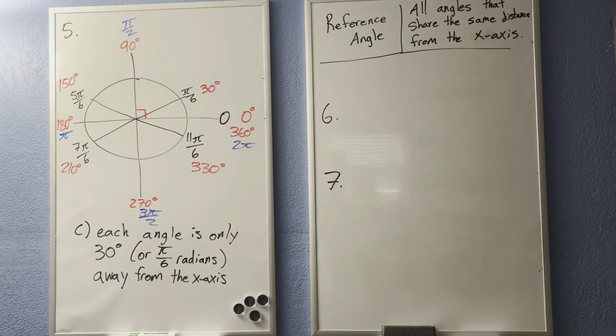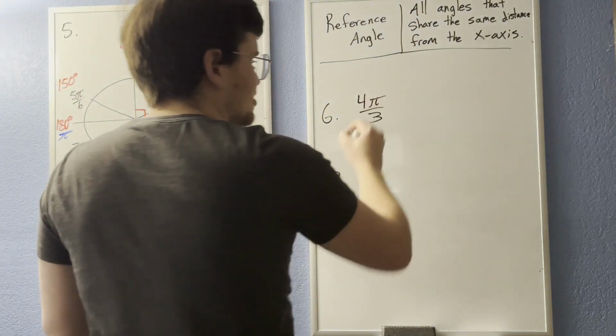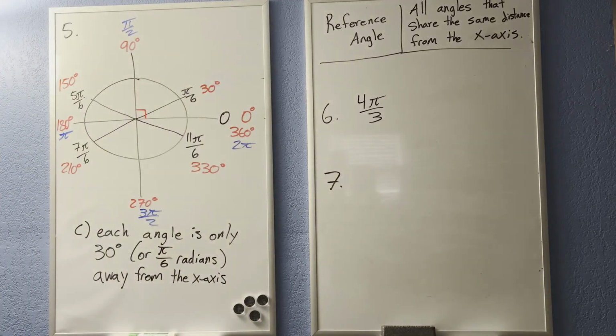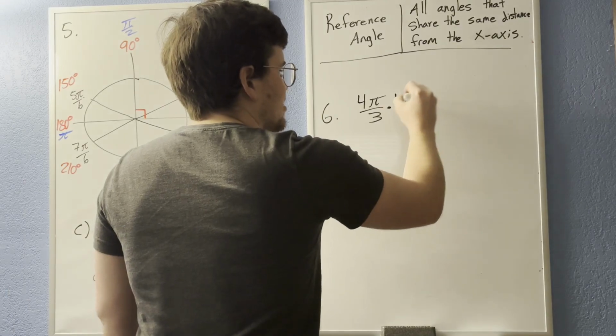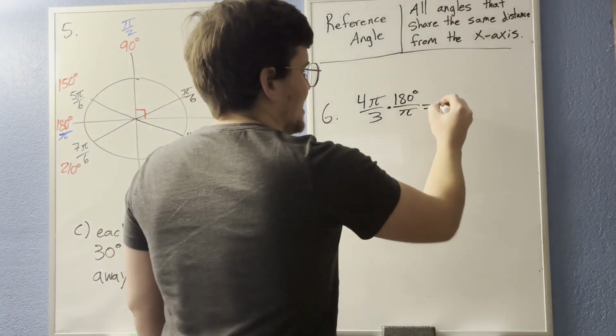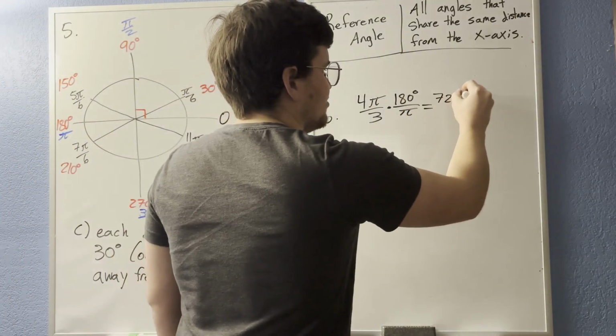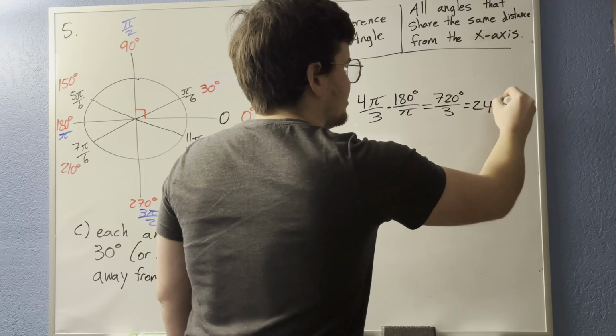If I were to have 4 pi over 3, and I want the reference angle for that one, let's figure out what 4 pi over 3 is in degrees to help us think about this in terms we've used before. I'm multiplying by 180 over pi, and I get 720 degrees over 3, or 240 degrees.